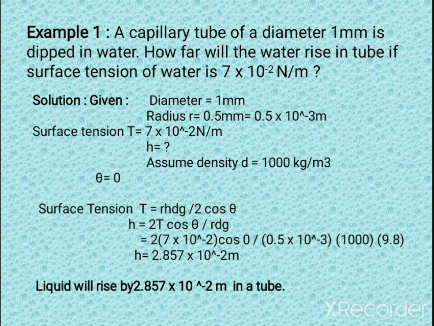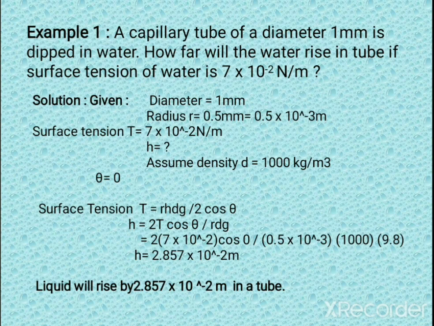Surface tension T is given. Height we have to find. And assume the density of the liquid. Here we have taken water, so density of water is 1000 kg per meter cube. Again, angle of contact theta is equal to 0. If theta is equal to 0, then cos 0 is equal to 1. So the surface tension T is equal to r h d g upon 2 cos theta.